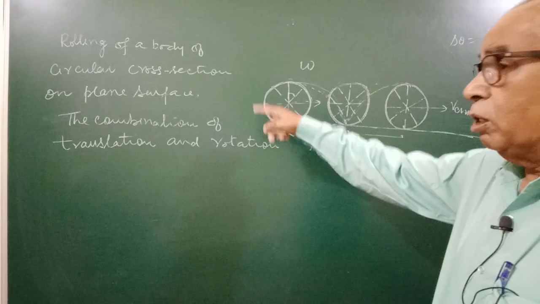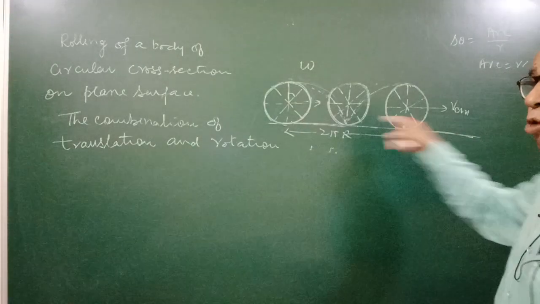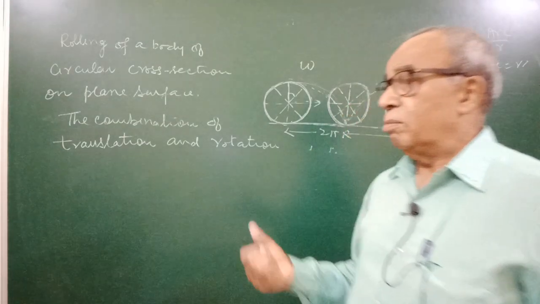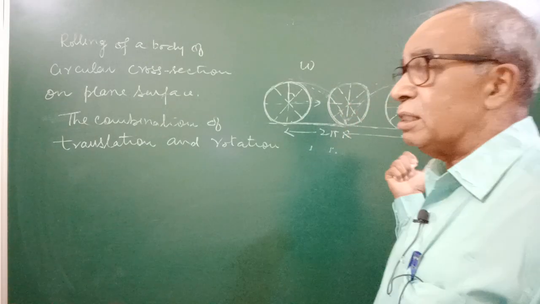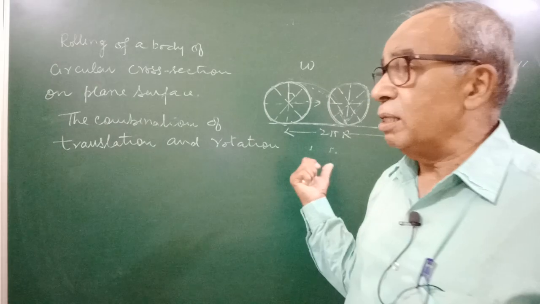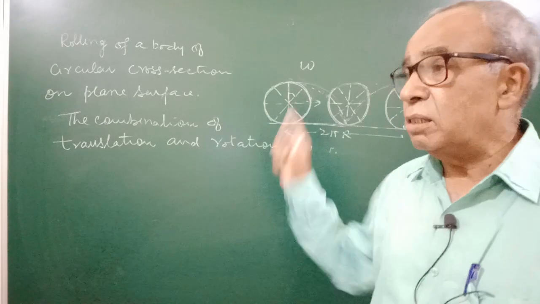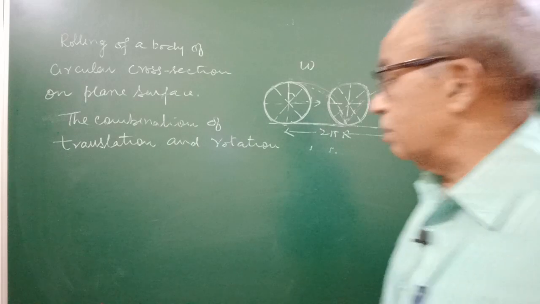When body rolls, central mass moves forward also. So when body moves a linear distance, we say there is translatory motion. And when body rotates about axis of rotation, we say rotational motion.